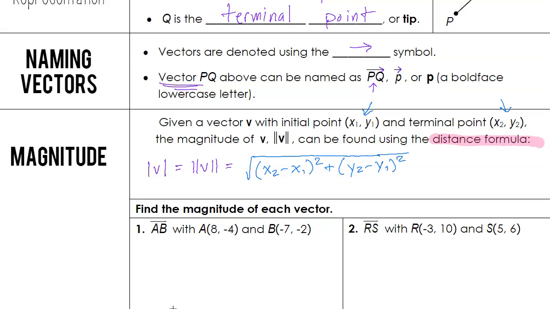Now notice I have two separate symbols in front of this distance formula. Both of these signify the magnitude of v. You can either write it with absolute value symbols around the v or double absolute value symbols around the v. Both of these mean the magnitude of v.